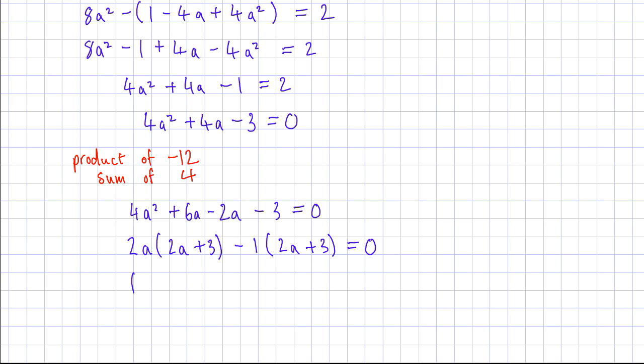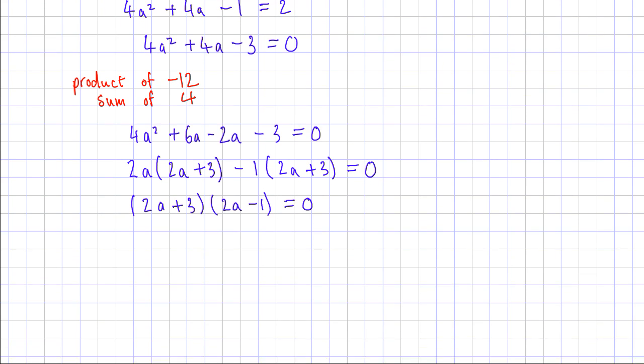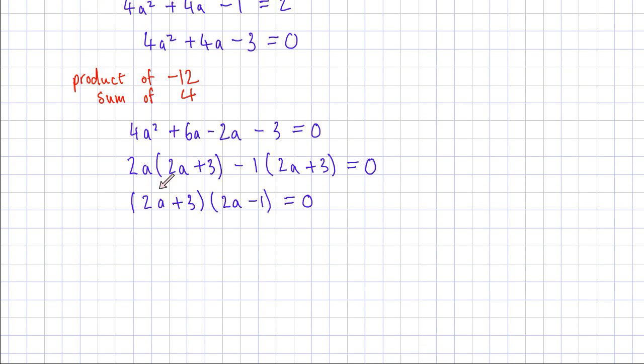So I will have 2a plus 3, and then my new bracket is going to be 2a minus 1, and that equals 0. Now I know that either this bracket needs to be 0 or that bracket needs to be 0. So either 2a plus 3 is equal to 0, and in that case a is going to be equal to minus 3 over 2, or 2a minus 1 is equal to 0, and in this case a is going to be a half.